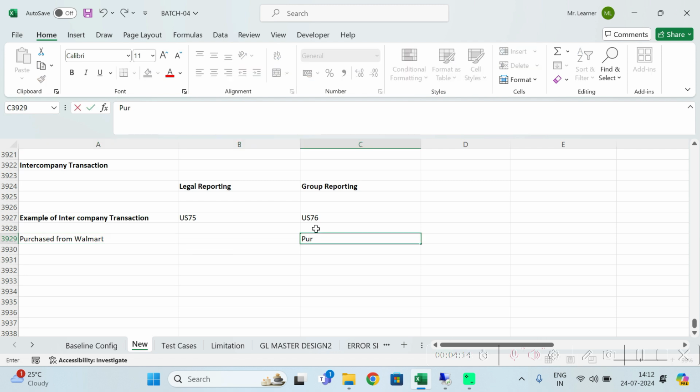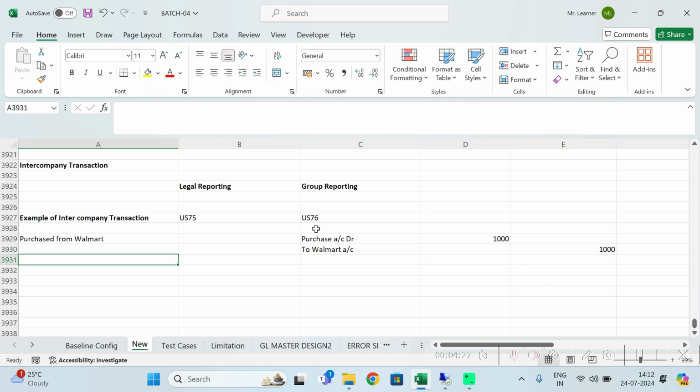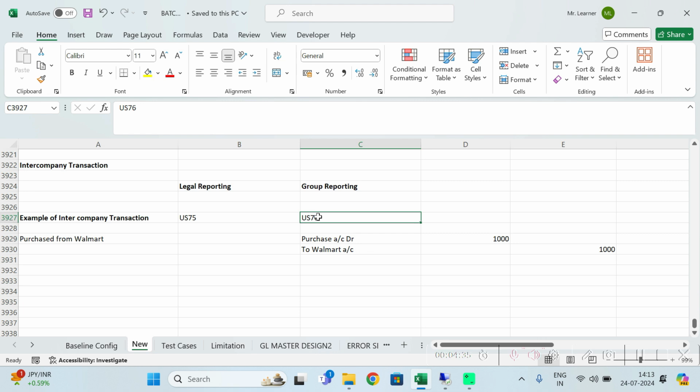So here, purchase account debit to Walmart. Okay, let's say 1000 rupees. Now when the time of payment comes, US 76 is telling US 75 that I don't have money, can you please make the payment on behalf of me?